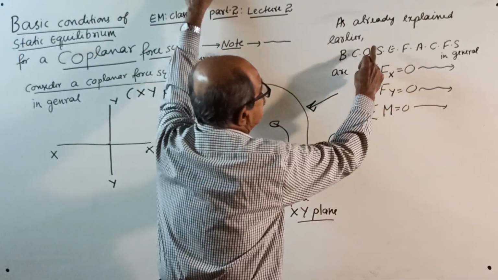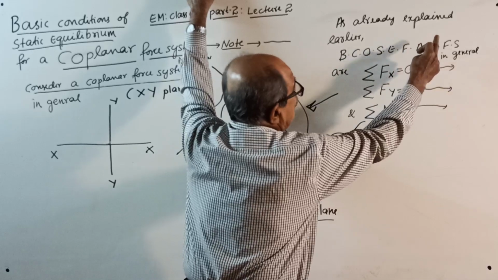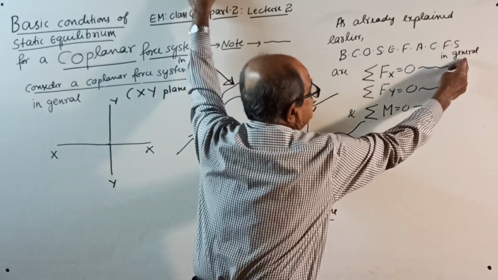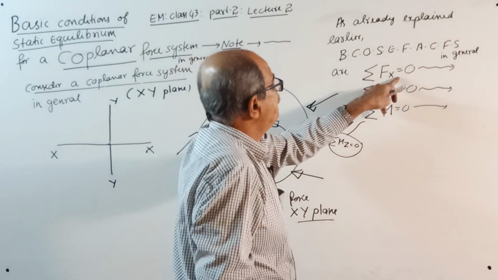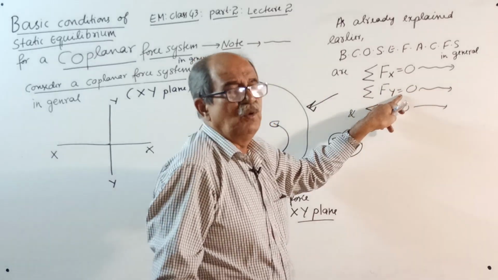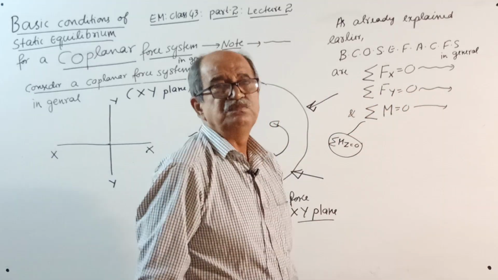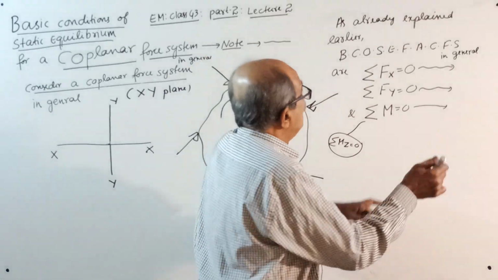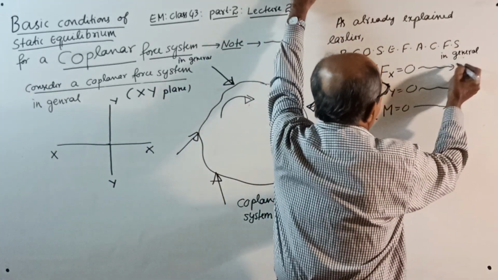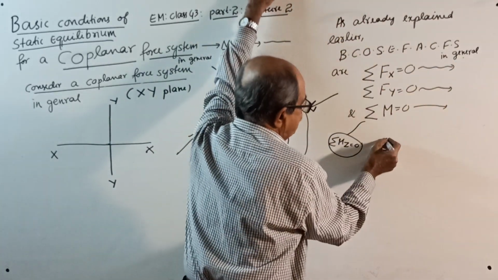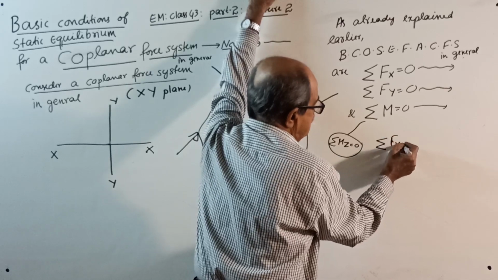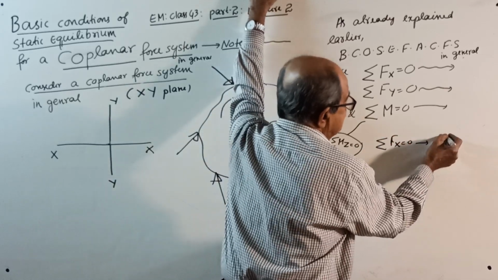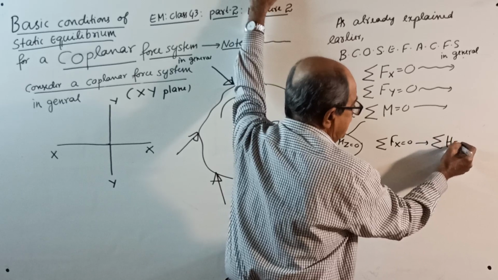Basic conditions of static equilibrium for a coplanar force system in general are sigma Fx = 0, sigma Fy = 0, and sigma M0 = 0. A little later, instead of sigma Fx = 0, we will write sigma H = 0.